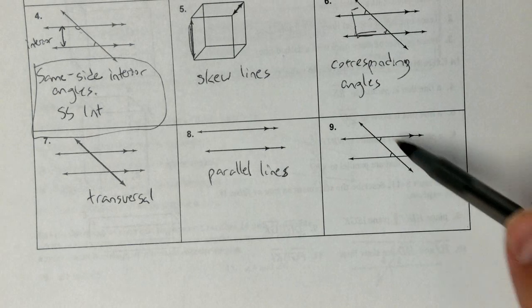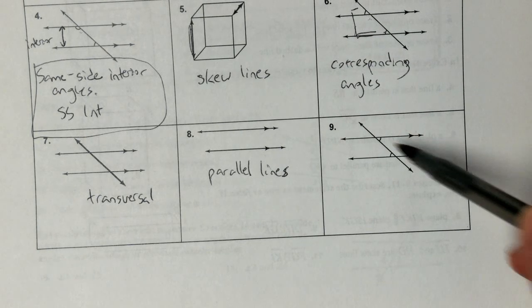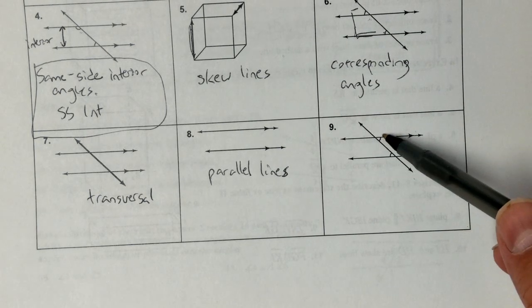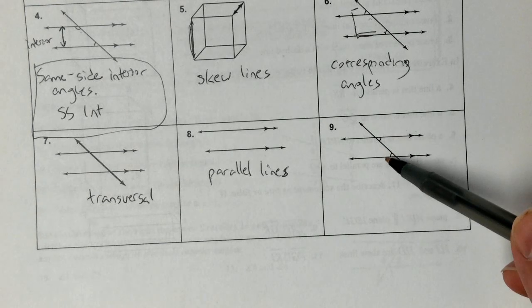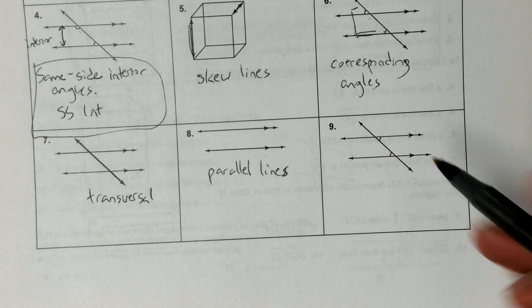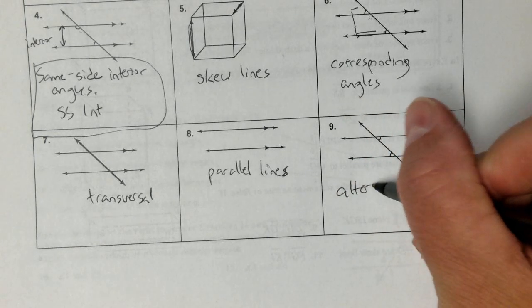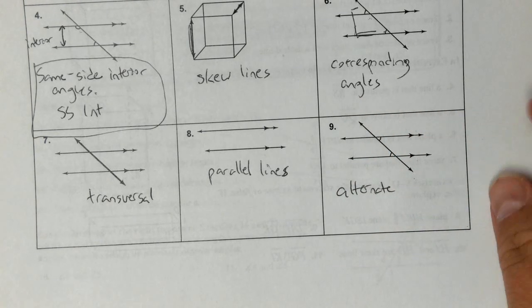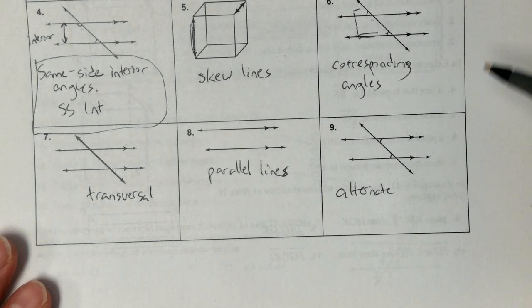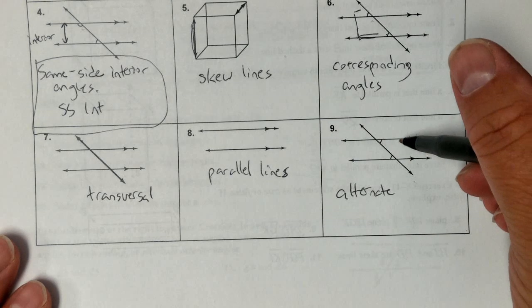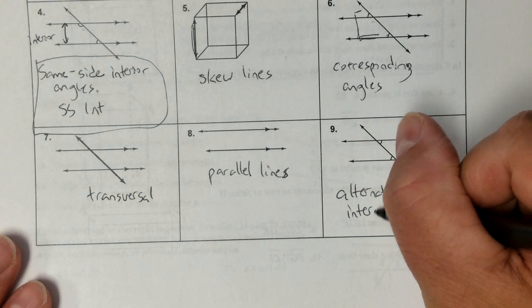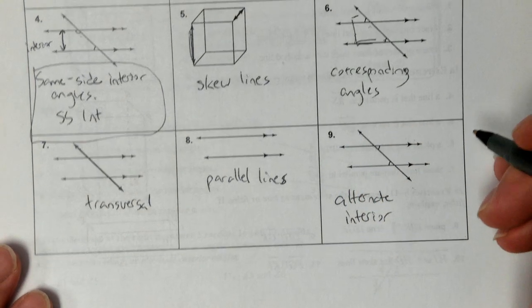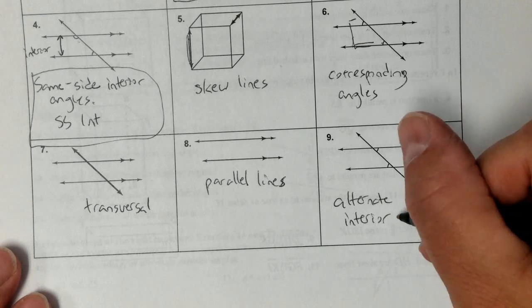Okay, number 9, this one, here's your parallel lines, there's your transversal. These are alternate because they're on opposite sides of the transversal, and we have to say either interior or exterior. So again, since they're between the two parallel lines, these are called alternate interior angles.